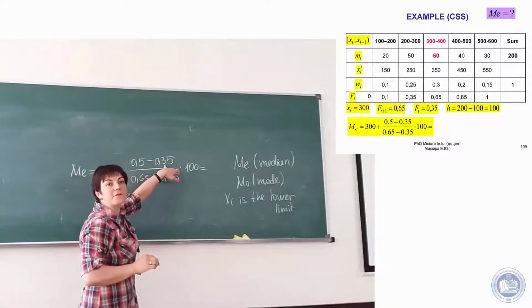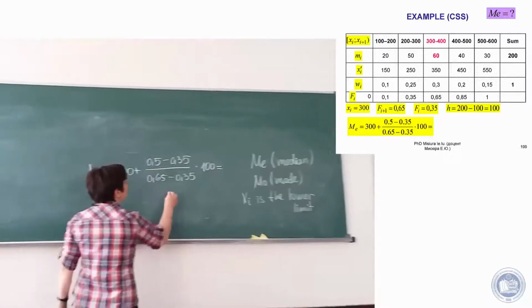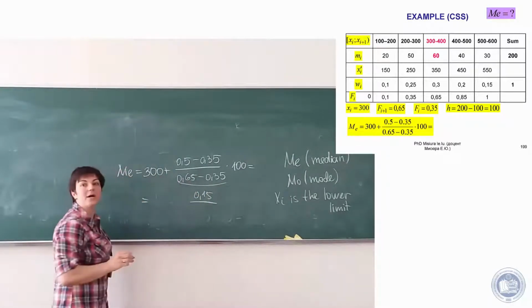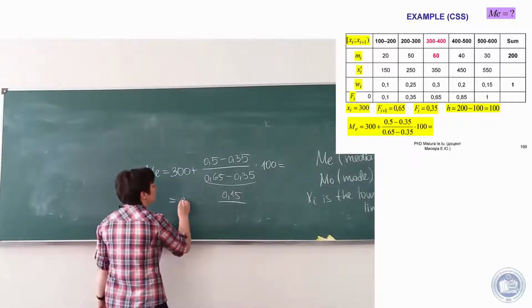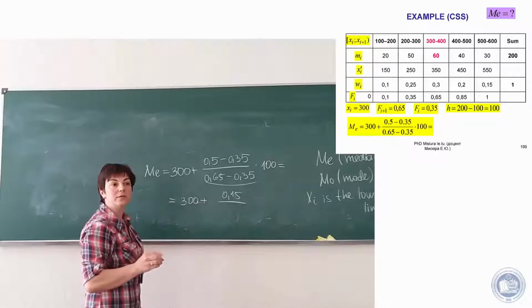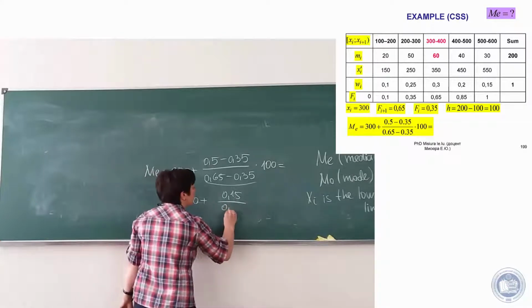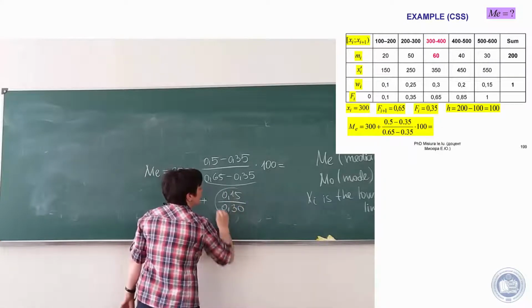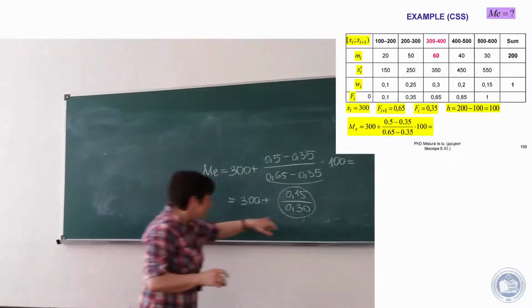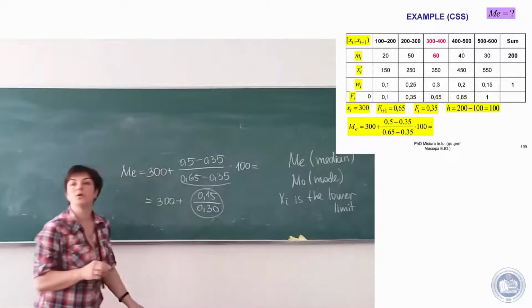0.5 minus 0.35. What is it? 0.15. Okay, and this difference, 0.65 and 0.35. What is it? Equals 0.30. Okay, students. 0.15 divided by 0.30. What is it?